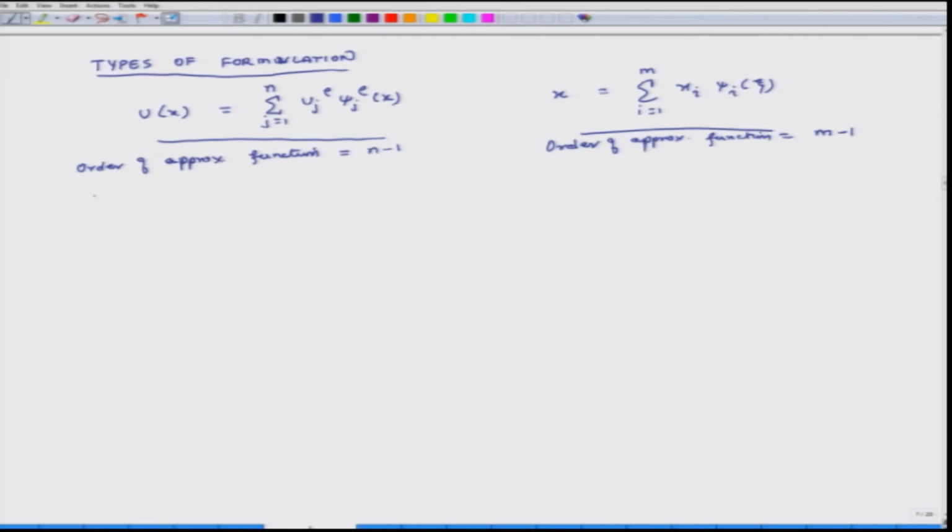So the first one is if m is less than n. If m is less than n, then the FEA formulation is called subparametric formulation.